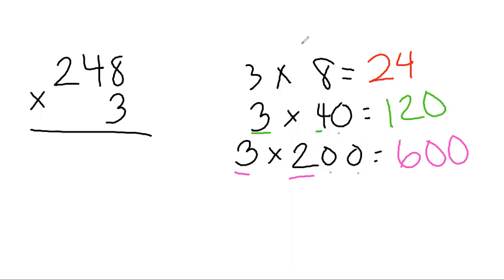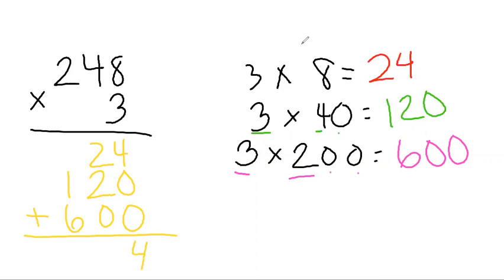So take those and write them over underneath your equation, and add. So we had the product of 774.